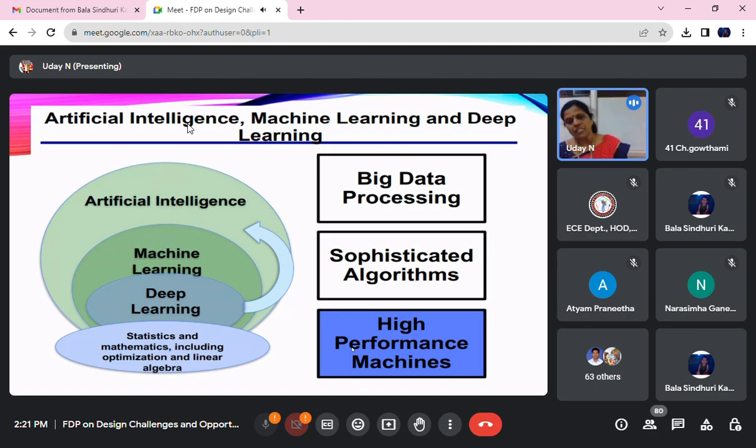So linear algebra, statistics and optimization techniques form the foundation for the implementation of any artificial intelligence, machine learning or deep learning algorithms, which in turn are useful in big data processing and the implementation of sophisticated algorithms for real-time applications, but they require high performance machines.